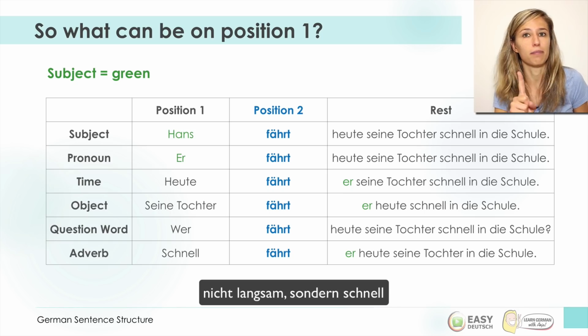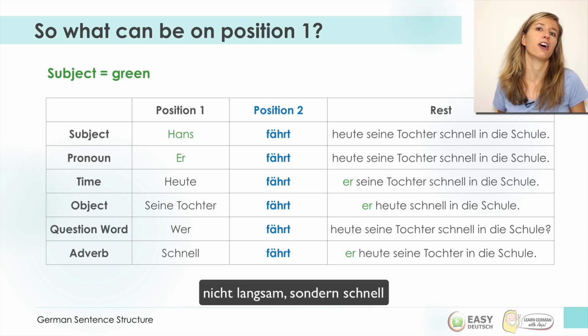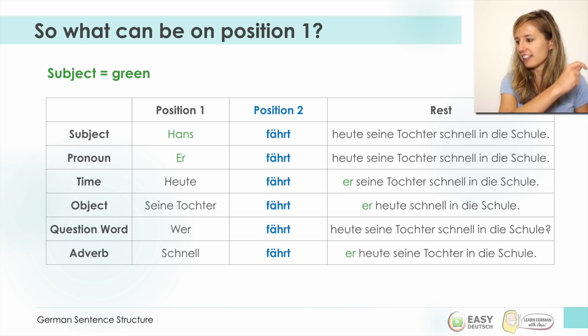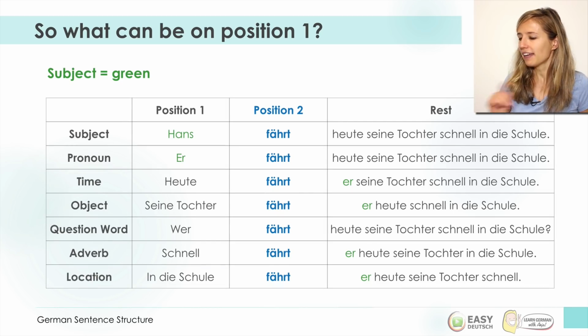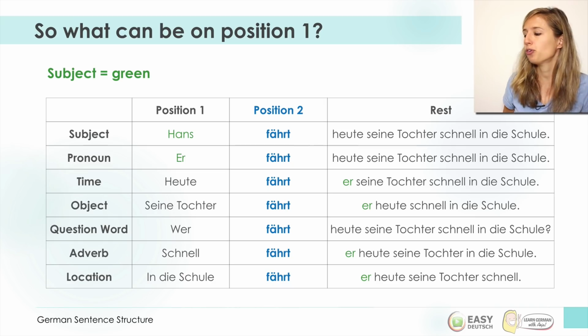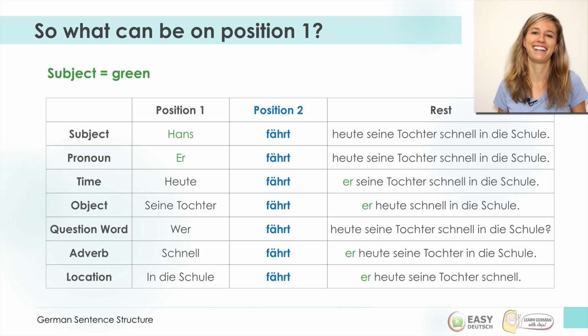Nicht langsam, not slowly, sondern schnell. Schnell fährt heute seine Tochter in die Schule. Quickly he drives her to school. Yeah, there is the emphasis. Und, the last one, location can also be in the beginning. In die Schule, to school, fährt heute seine Tochter schnell.